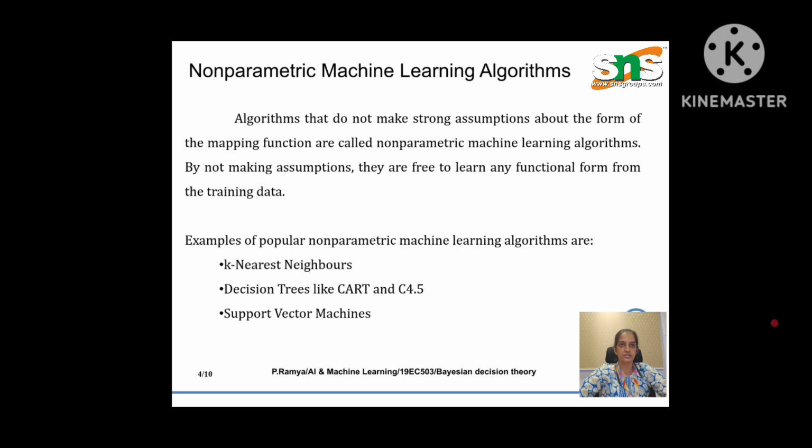a few machine learning algorithms like K nearest neighbors, decision trees, SVM, support vector machines, and kernel density estimation. These are a few popular non-parametric machine learning algorithms.